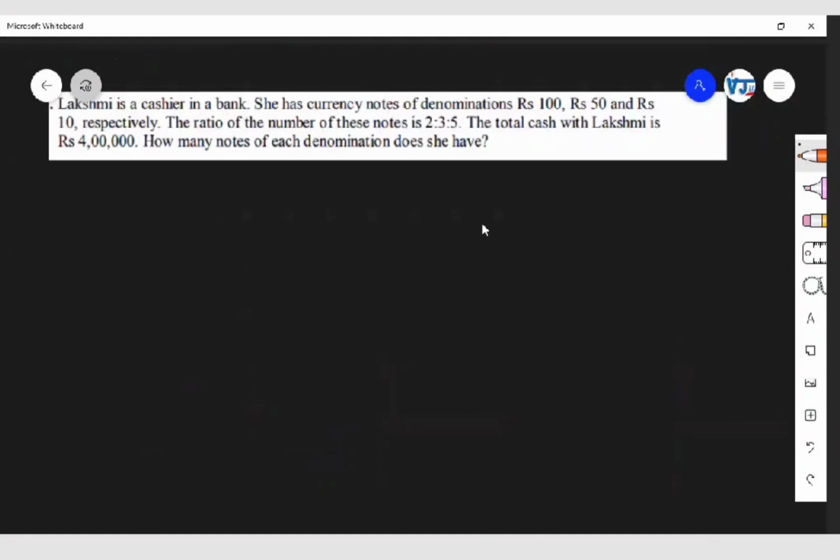Yes. Try to solve this question. First read the question carefully. So what is given in the question and what we need to find.